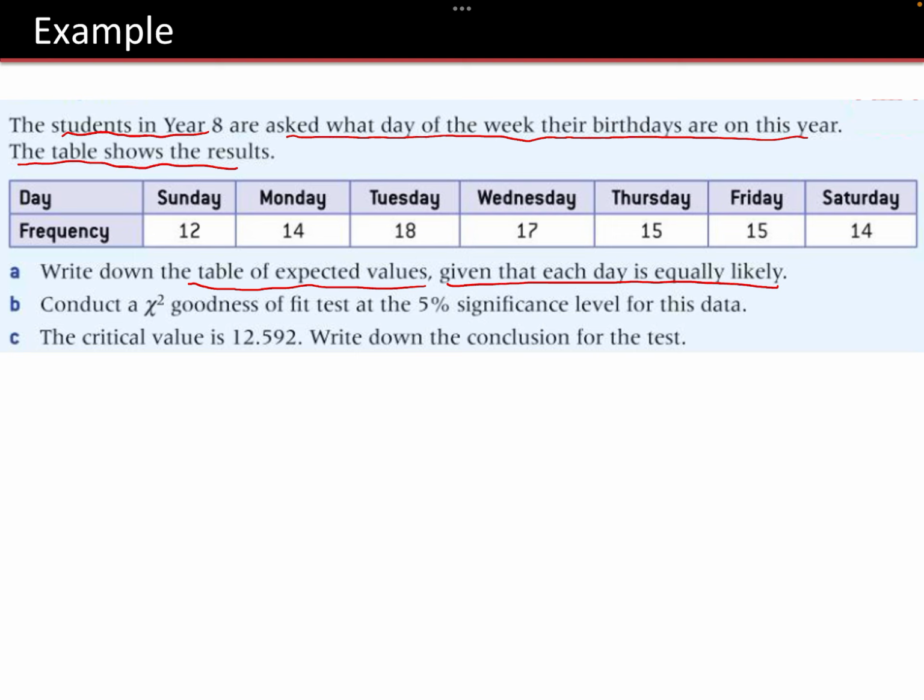Okay, because that's what the question is asking. So we're trying to find out if these numbers differ from the data that's been given to us, where the number of students having birthdays on each of the days is different.